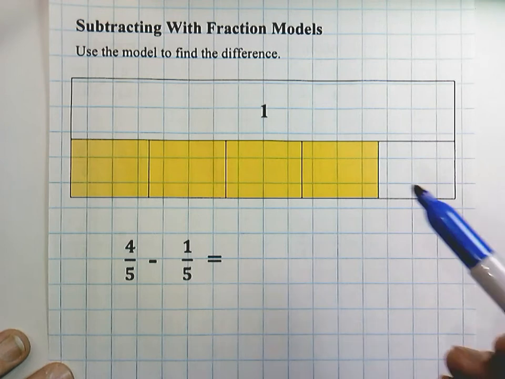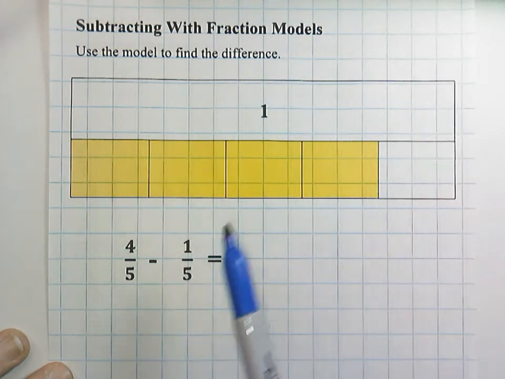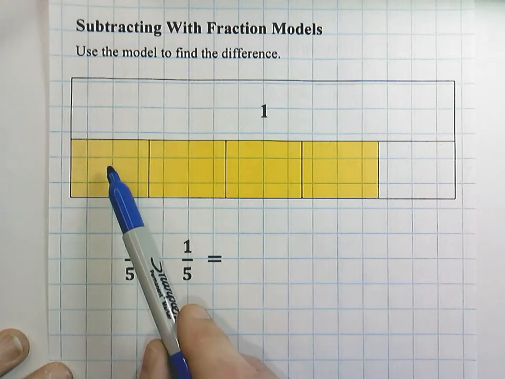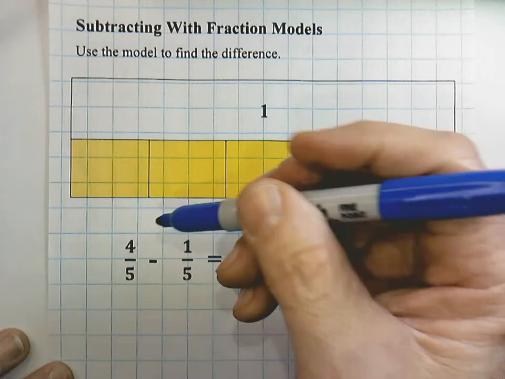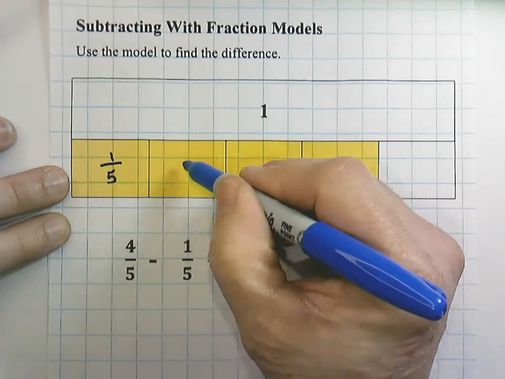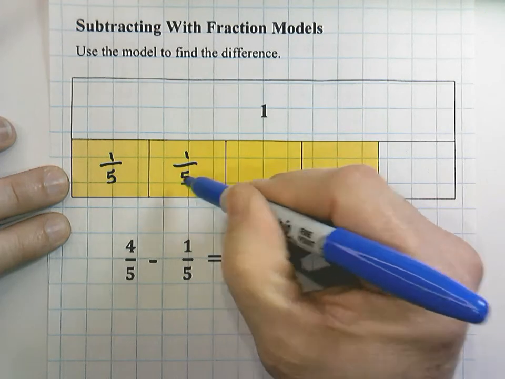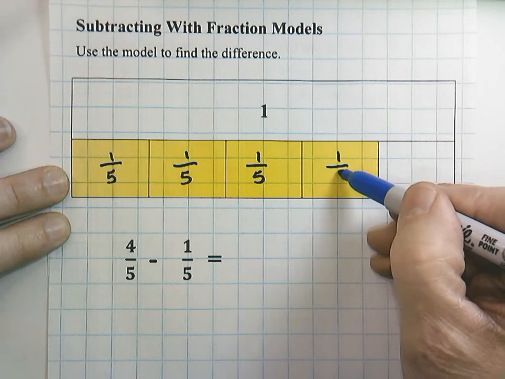Let's try another one. We're going to use the model to find the difference. Here is our one whole. Looks like we have fifths this time. 1, 2, 3, 4, 5 equal pieces. Let's label with our unit fractions. This would be a fifth. This is 1/5. All of these are fifths.